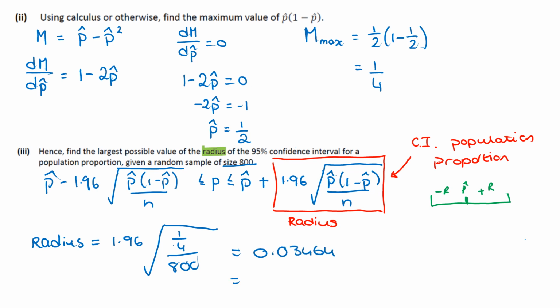For proportion, I like to work in percentage, so that's 3.46%. So this line here, we've just maximized it up here, so that's a quarter, because remember, we figured out the P hat that would give us the maximum value.